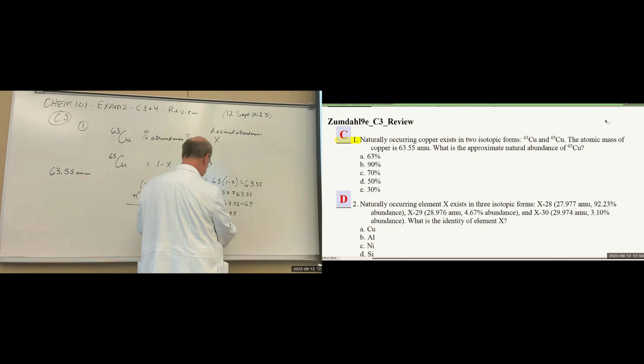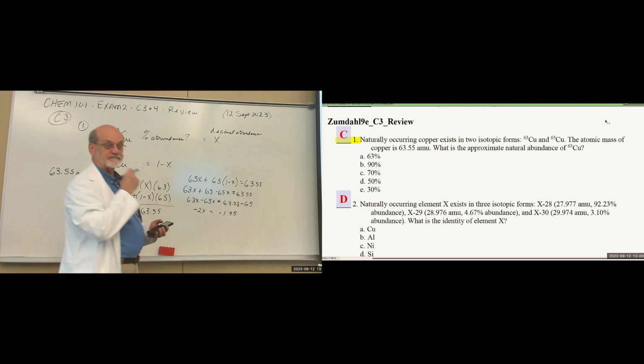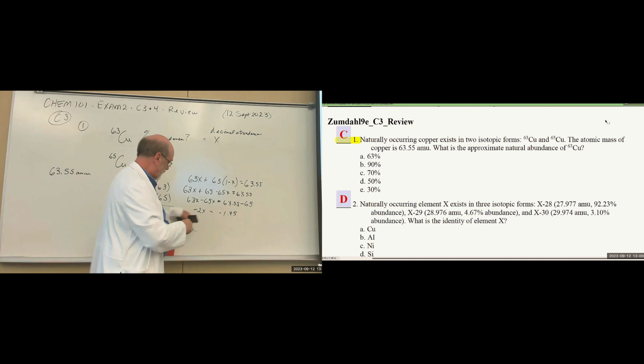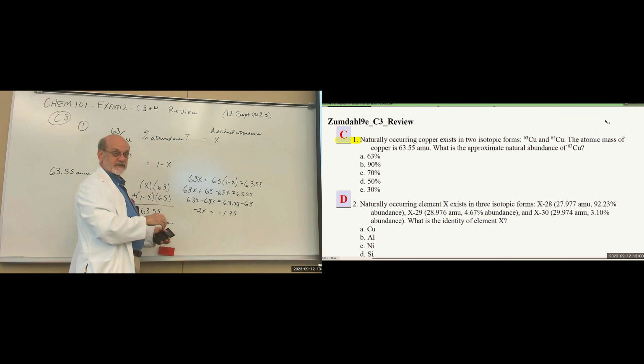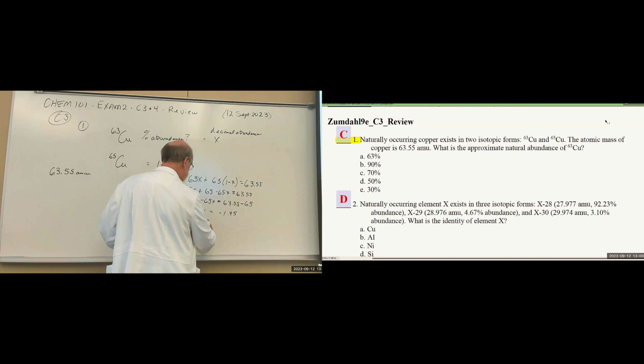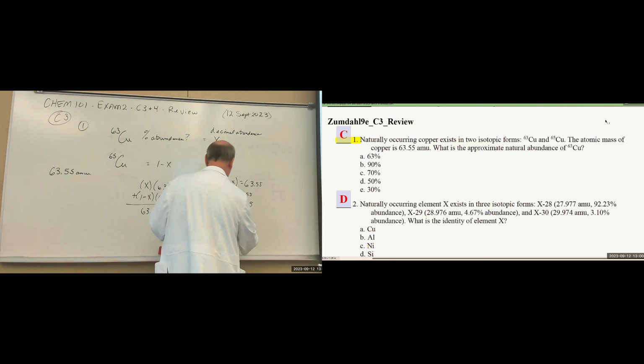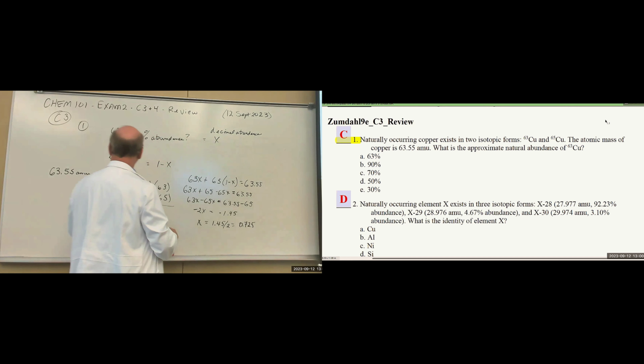Yep. That was a bigger negative than this positive. And we got negatives on both sides, so the negatives cancel. And then x is equal to 1.45 divided by 2, which is 0.725. Right.